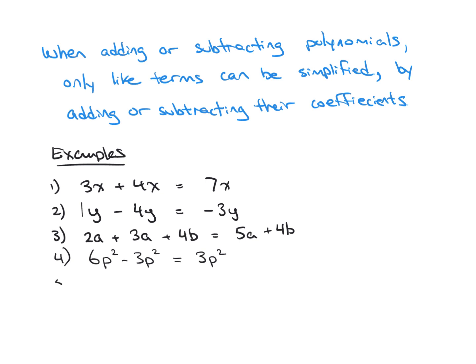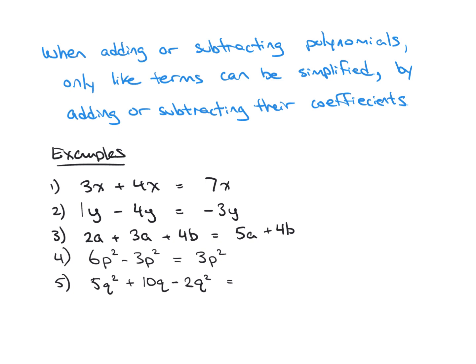Okay, let's keep going. Okay, how about, I'll use q this time, 5q squared plus 10q minus 2q squared. All right, 5q squared plus 10q minus 2q squared.